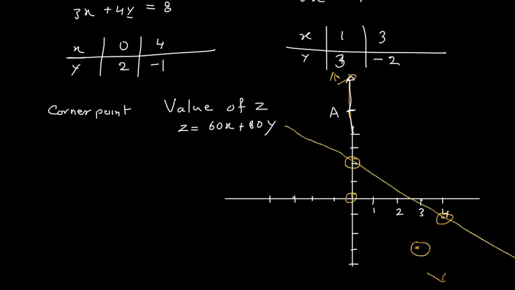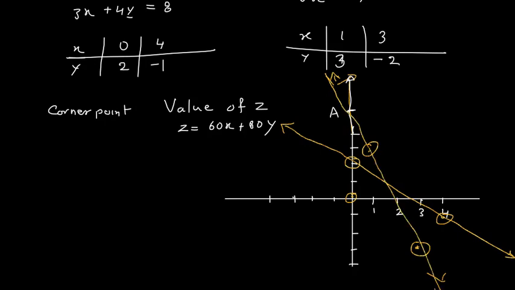The line will go something like this, and here I have to draw the point (1, 3), somewhere here. It is going something like this. This and this I will join, so it will go something like this.